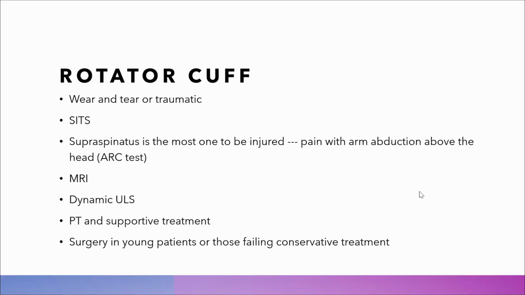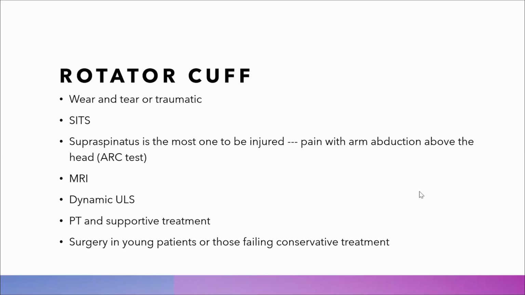Rotator cuff injury, again, wear and tear or traumatic. SITS muscles, remember who the SITS muscles are: supra, infra, teres, and subscapularis. So you need to review those, what their actions are, because their action will be affected, right? What's the nerve supply? Again, supraspinatus is the one most commonly injured. You're gonna have pain with the arc test.